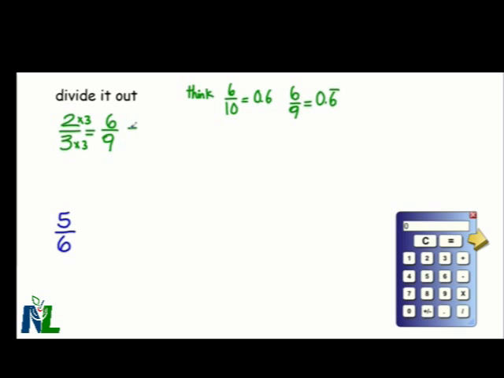If you know this pattern, then you'll know that your answer is 0.6 repeating. If you didn't know this pattern, you can use the strategy that we're using below, which is to actually do the division.